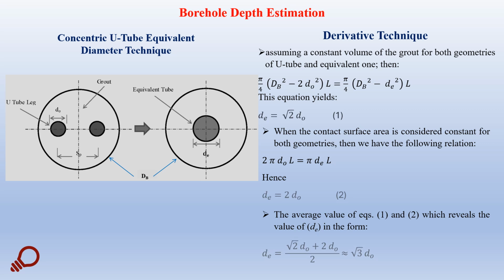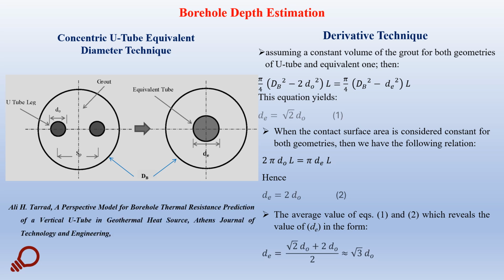This is the final result of this model, which has been published in this reference, and I will list a group of references which describe the geothermal energy and depth of the borehole. Our reference here will be the first in the list of references.